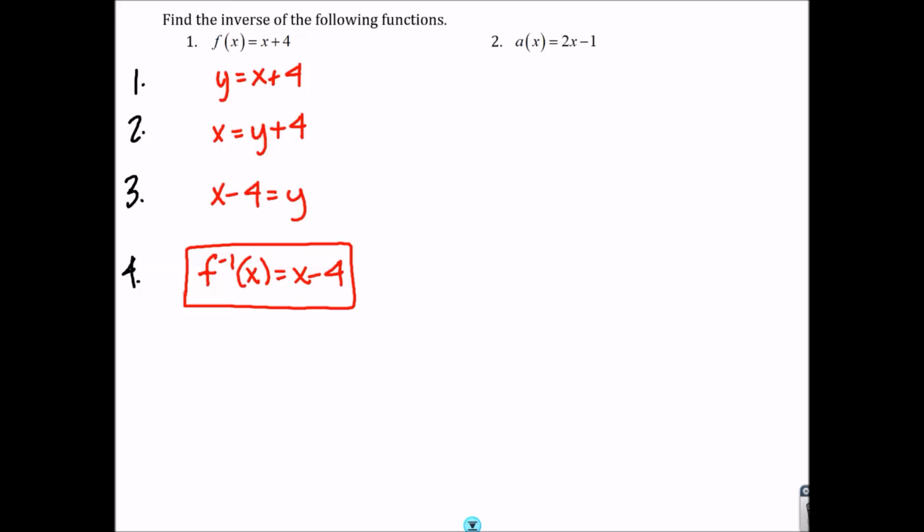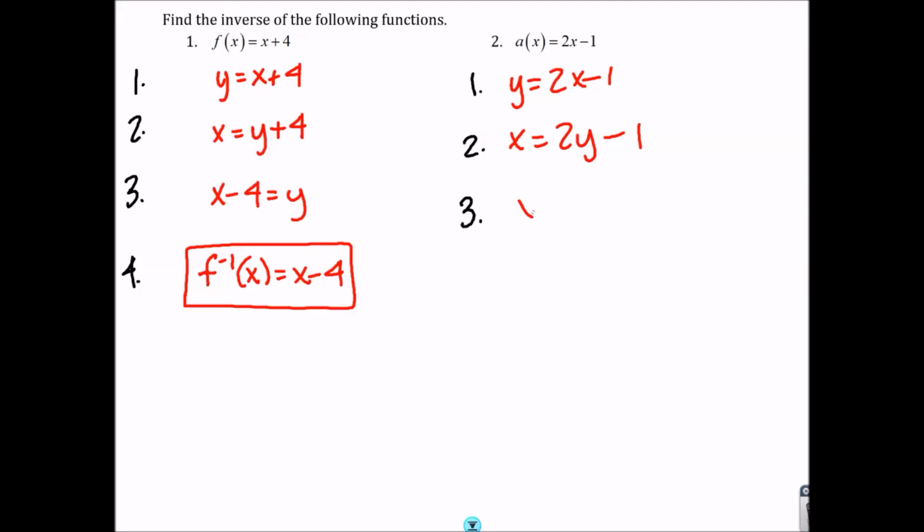The next problem says a of x equals 2x minus 1. So our first step is to change a of x to y. Then our second step is to switch x and y. Then we need to solve for y.